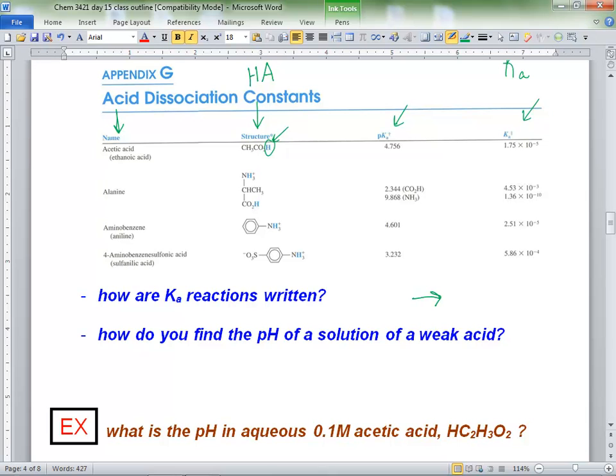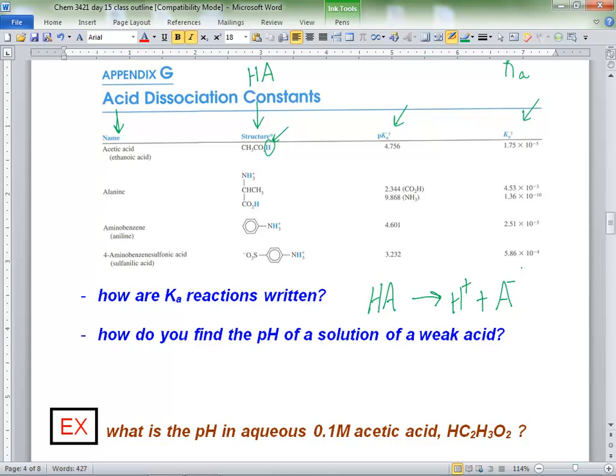The reactant, yeah. Here's our acid, and it has to fall apart into probably its ions, which are going to be H plus and A minus. I'm just asking for the reaction. There it is. HA goes to H plus plus A minus.